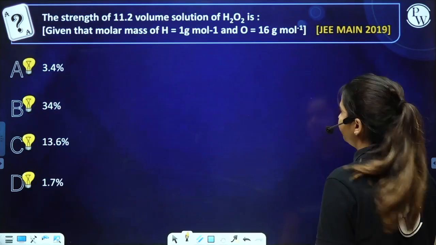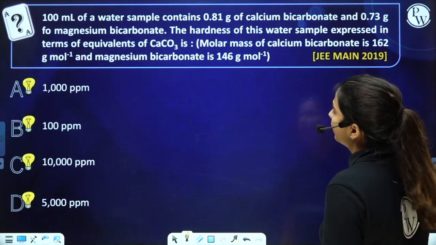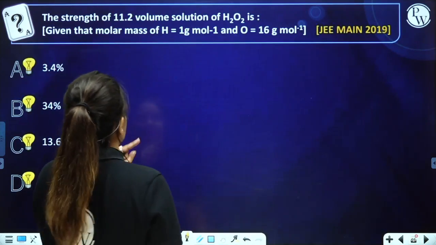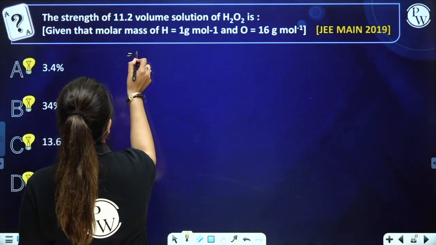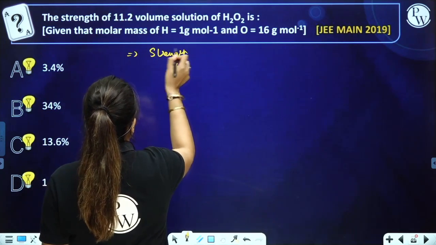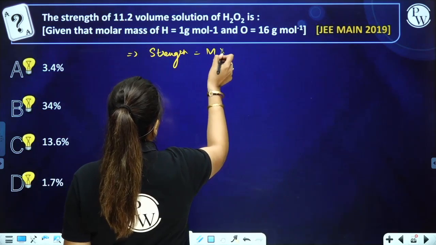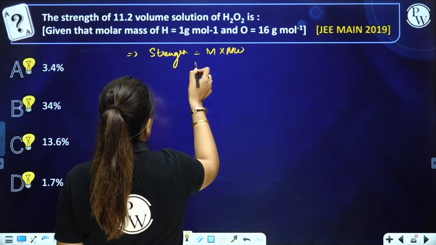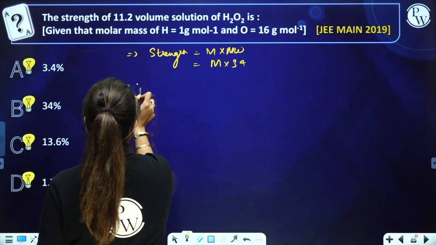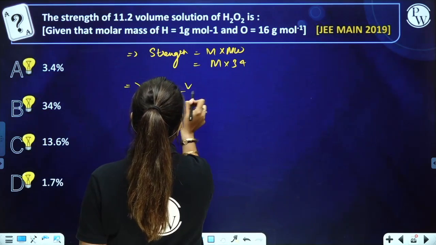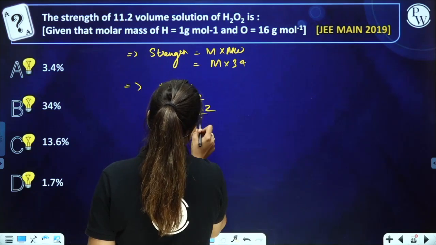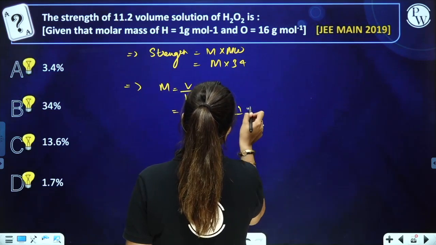Now we have the strength of an 11.2 volume solution of H2O2. You have to calculate first the strength, and for the strength, you need to calculate molarity into the molecular weight. Molarity you don't know, molecular weight you know is 34. Now how to reach molarity? You have the formula V by 11.2, put the values, 11.2 divided by 11.2, you will get a 1 M solution.